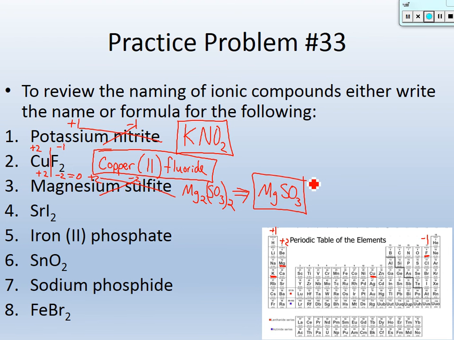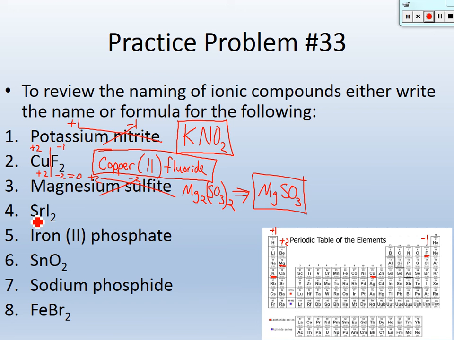Okay, and you might be thinking, well, why don't I include the parentheses? Well, if the number out here is a 1, you don't have to put parentheses because it doesn't change anything. So that's a great problem. Magnesium sulfite is MgSO3. How many of you guys got that right? Good job.